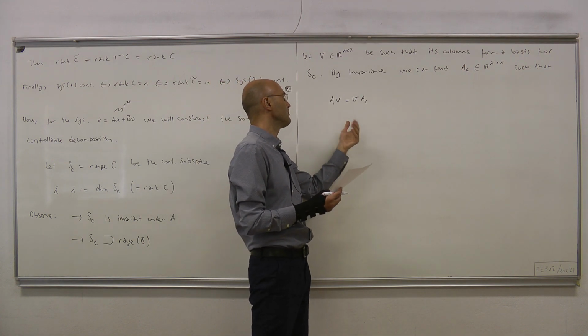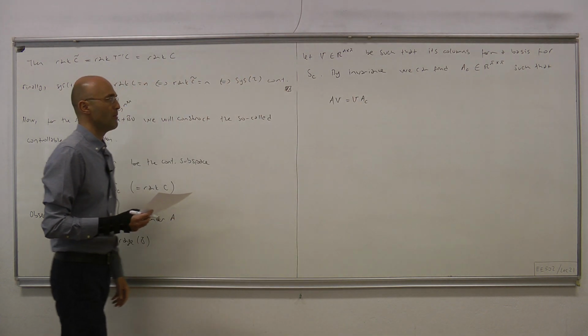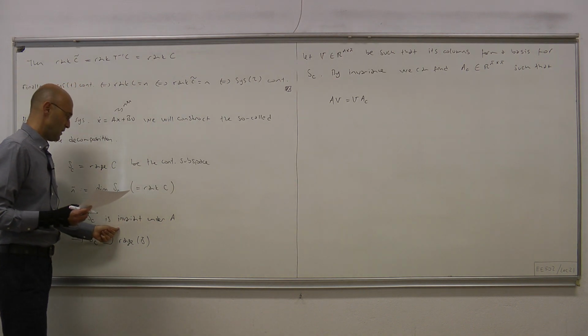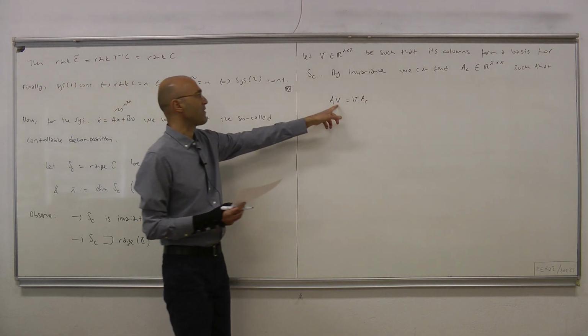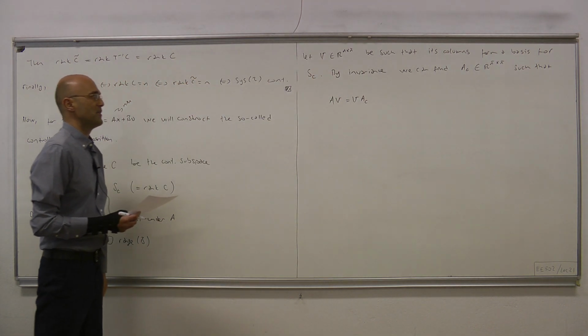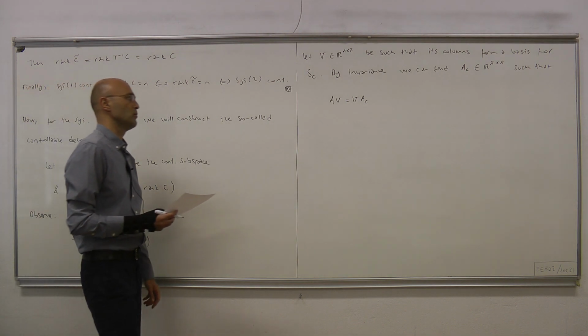Then move on to the second column, do the same thing, and so on. So such a matrix A_C must exist due to invariance, plus the fact that the columns of V make a basis for the controllable subspace.